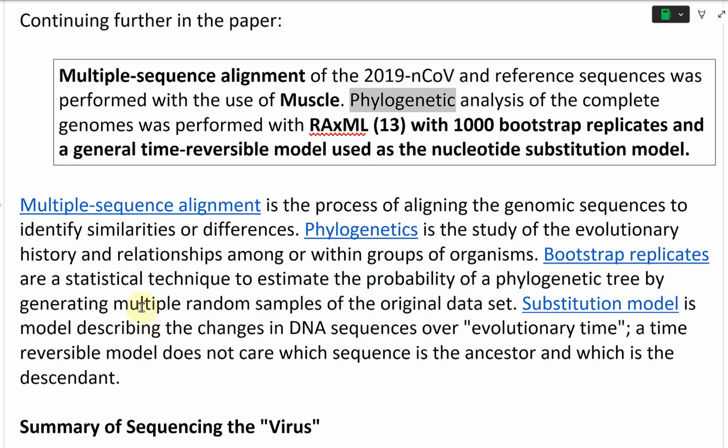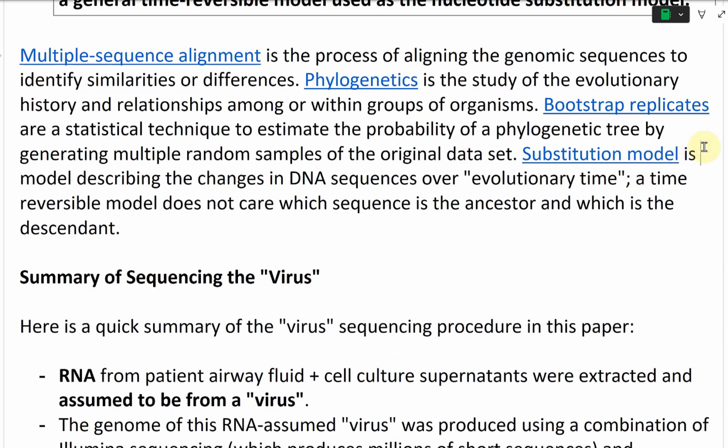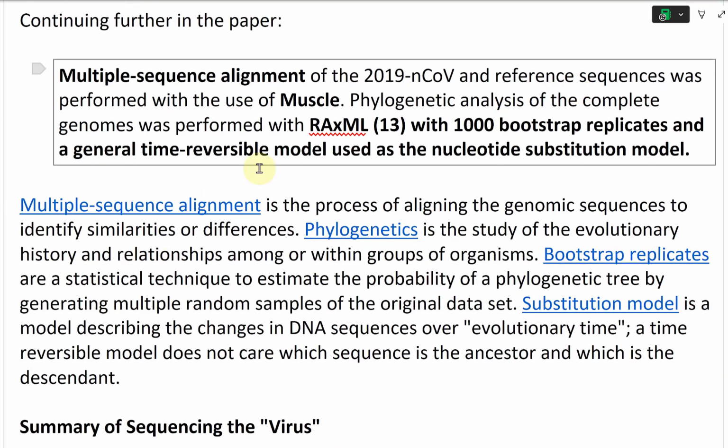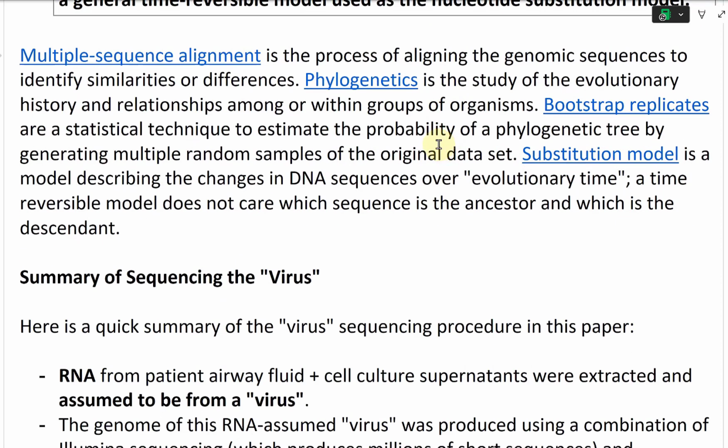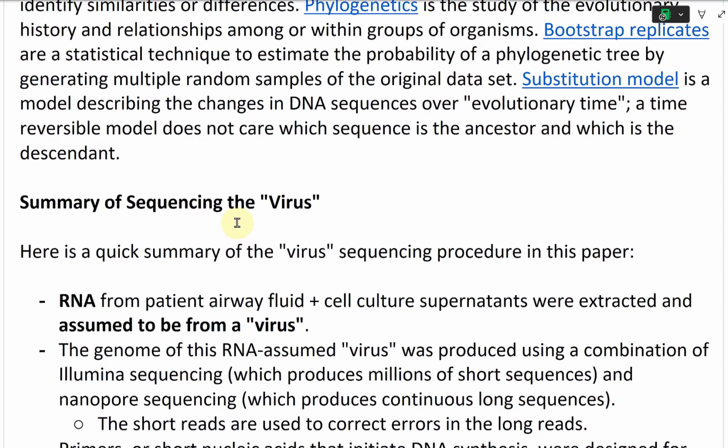A substitution model is a model describing the changes in DNA sequences over, quote, evolutionary time. And a time reversible model does not care which sequence is the ancestor and which is the descendant. Anyways, that's just a phylogenetic analysis of these genomes and so on.